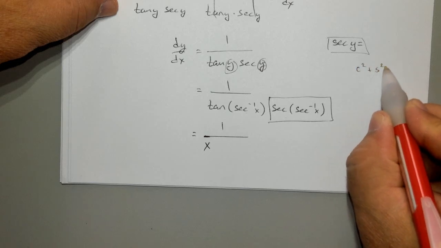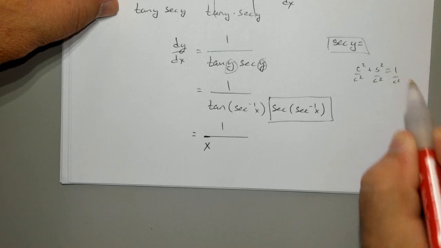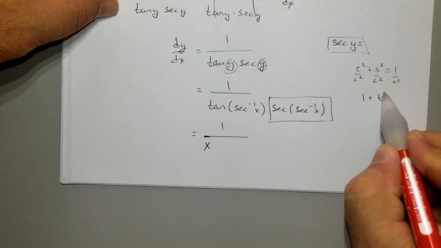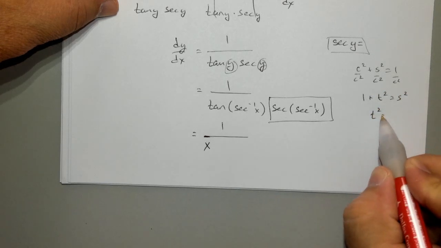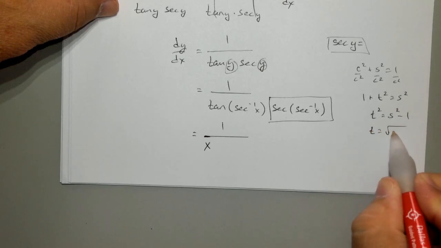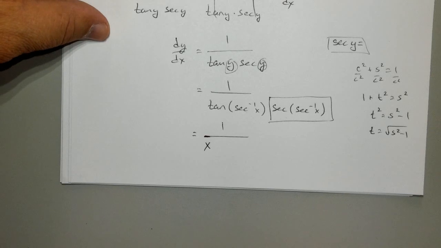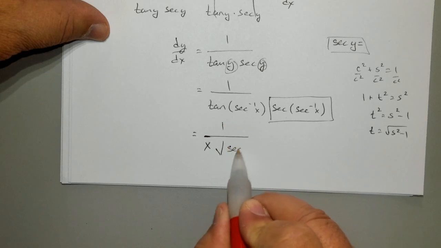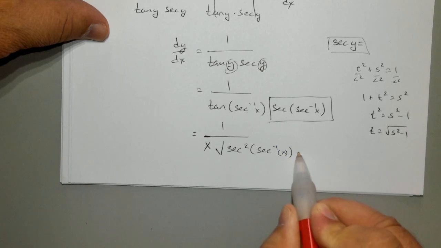Cosine squared plus sine squared equals 1. If I divide by cosine squared, 1 plus tangent squared equals secant squared. So tangent squared equals secant squared minus 1. Tangent is the square root of secant squared minus 1. The square root of secant squared of the inverse function minus 1.